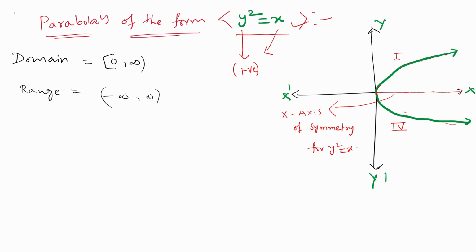Okay, now the next point we have here is to find the domain. As I said, domain is always the possible values of x. Now what are the possible values of x? This curve will not cover any part of negative values of x.